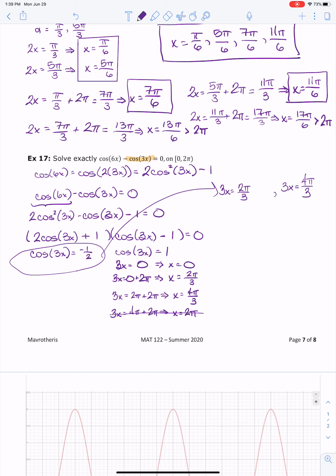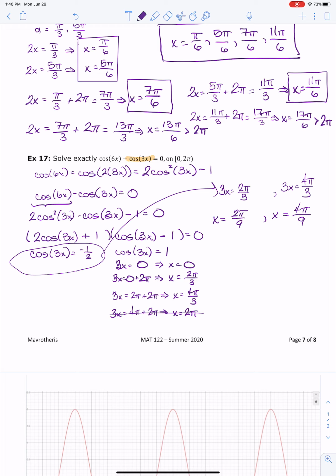The 4 pi over 3 is in the third quadrant. Okay, I'm good. And so x equals, divide both sides by 3, I get 2 pi over 9, and I get x equals 4 pi over 9. Awesome.